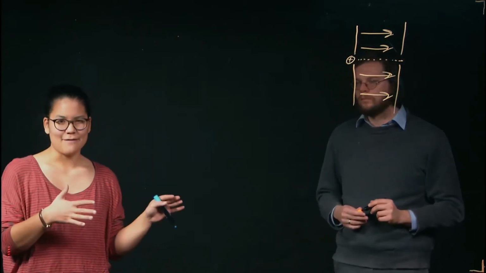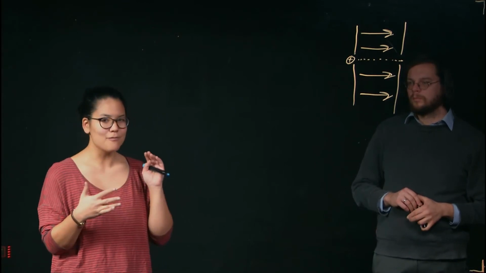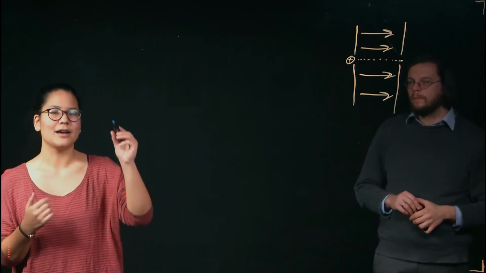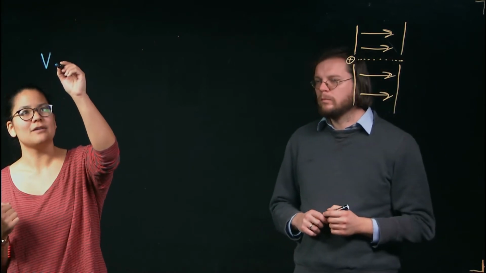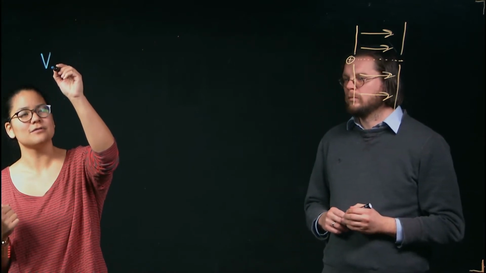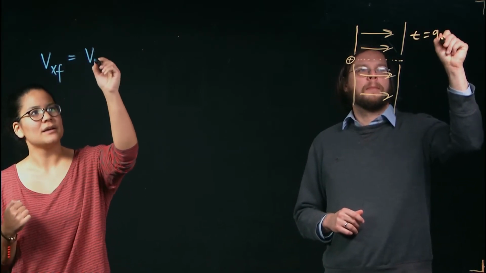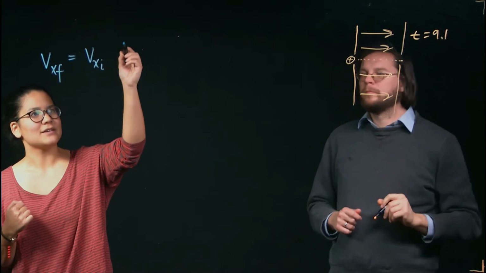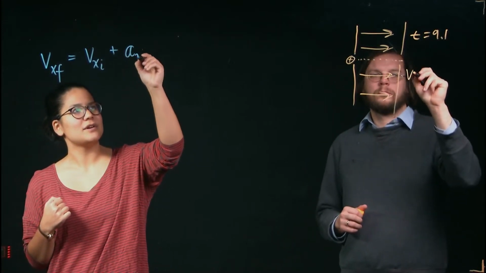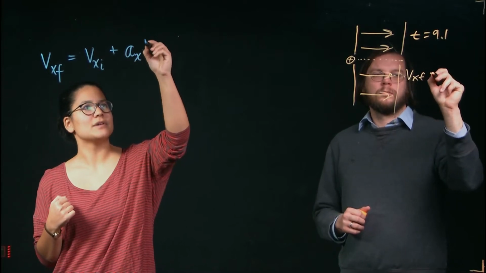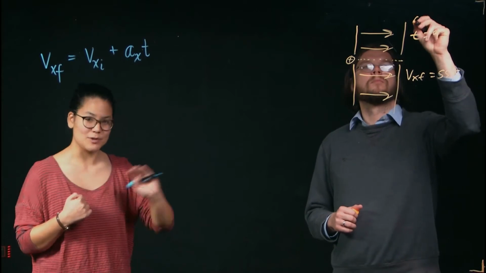Since we did have that nice time measurement, we can start with a fairly straightforward expression for what this final velocity should be. If we're solving for the final velocity in the x direction, we can take the initial velocity in the x direction and add the acceleration it feels multiplied by the time it experienced that acceleration.